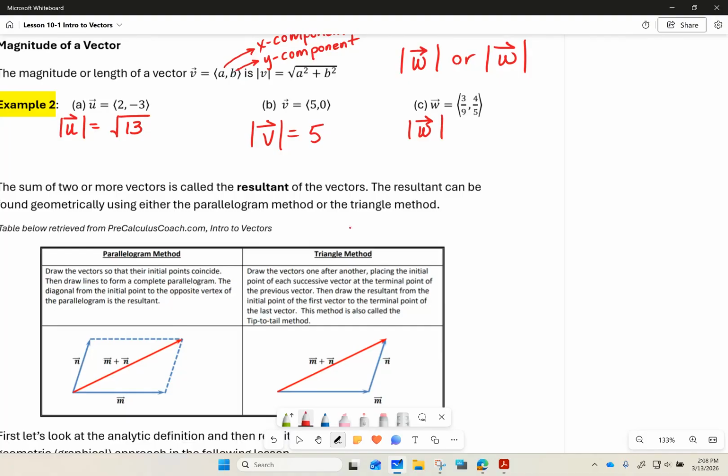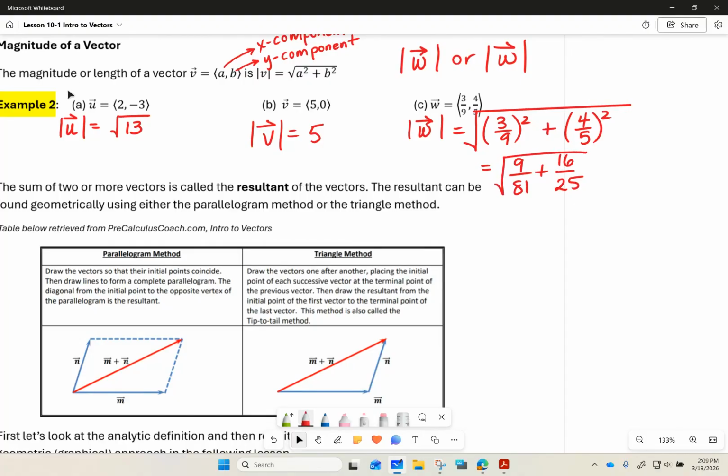So the magnitude of vector W is going to be the fraction 3/9 squared plus the other fraction 4/5 squared. And then I know I have to ultimately square root it. So let's do the math. Let's do it by hand. So 3 squared is 9, 9 squared is 81, 4 squared is 16, and 5 squared is 25.